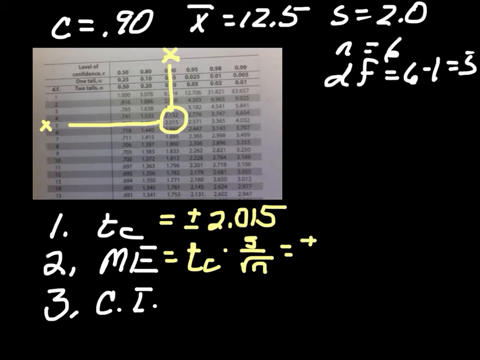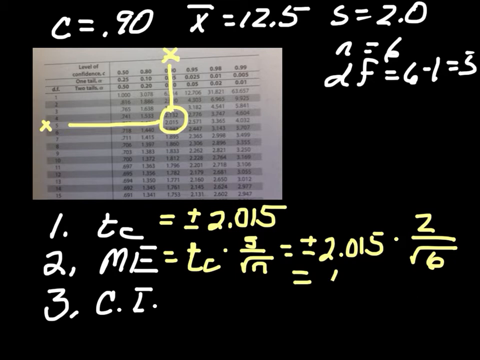So we take the critical values, plus or minus 2.015, and we multiply times the sample standard deviation, 2, divided by the square root of 6. And that is going to give us a margin of error equal to 1.645.